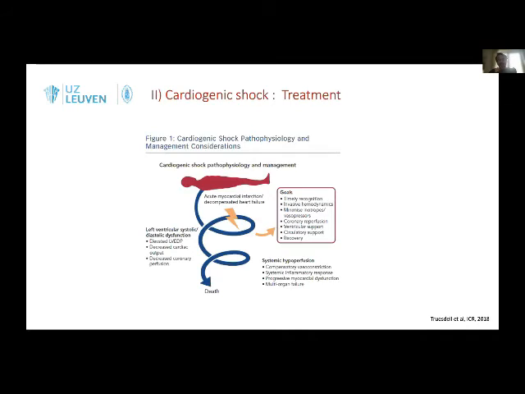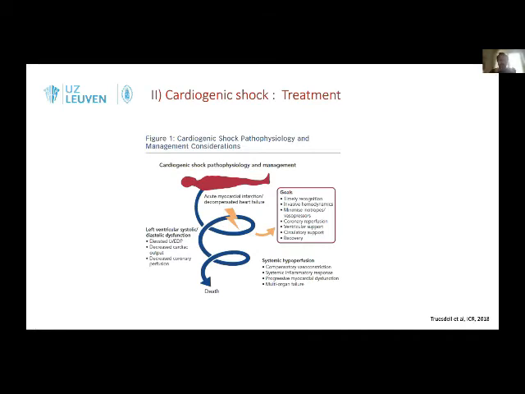As I told you before in the definition of cardiogenic shock state, this is not something that is present and keeps on being present. No, this is a very dynamic process. And this nice paper of Trusdell in 2018 nicely shows you that the cardiogenic shock state is actually a spiral that is coming down towards death.